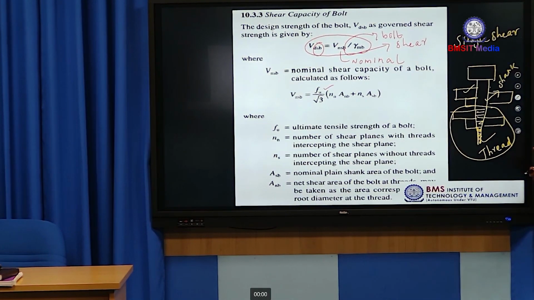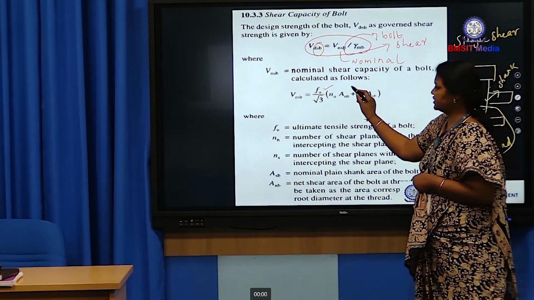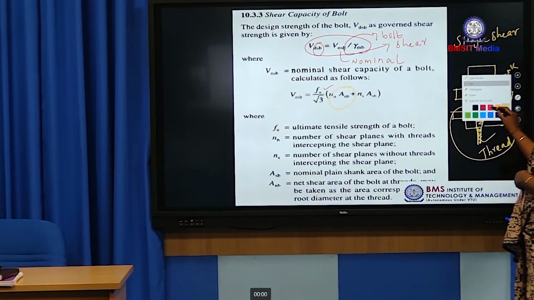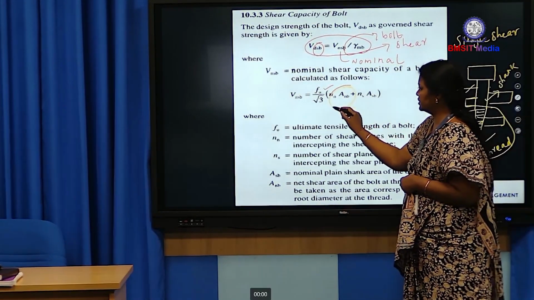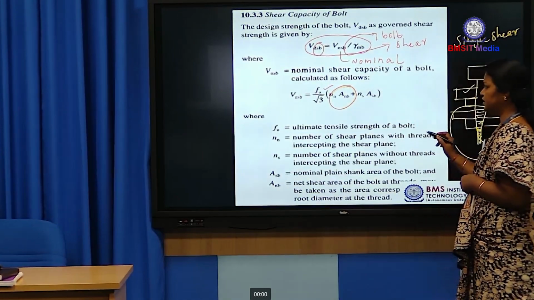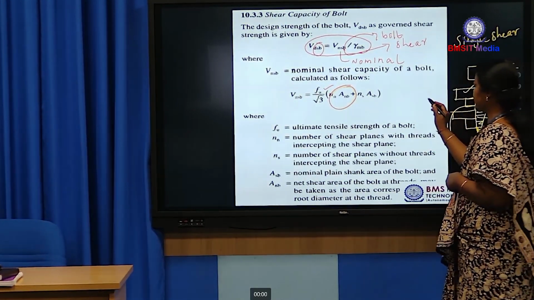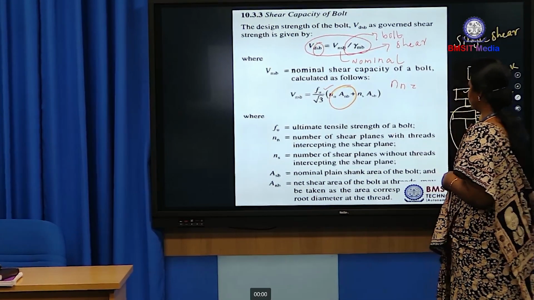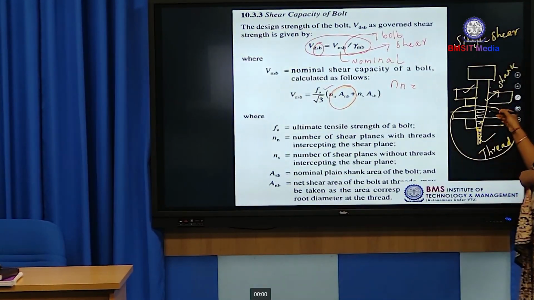If the thread portion passes through the shear plane, we have to consider this term, that is NN into ANB. So for the lap joint, the thread portion passes through the shear plane.